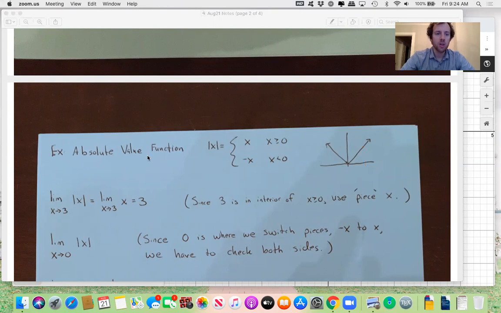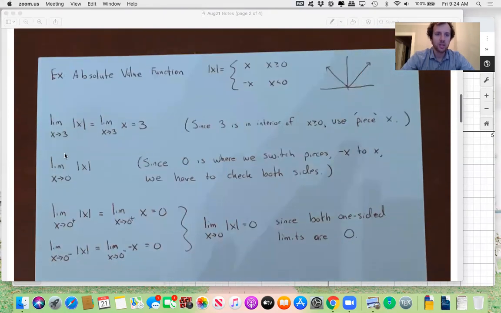Where things are more complicated is if you take the limit where we're switching pieces. So in this case, for the absolute value, that's the limit as x goes to 0. The problem is, if you're close to 0 and to the right of it, you're in this region, so you're using x.